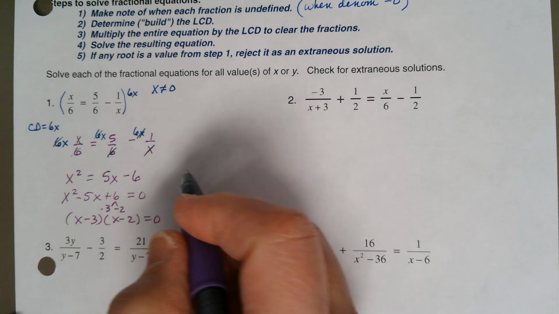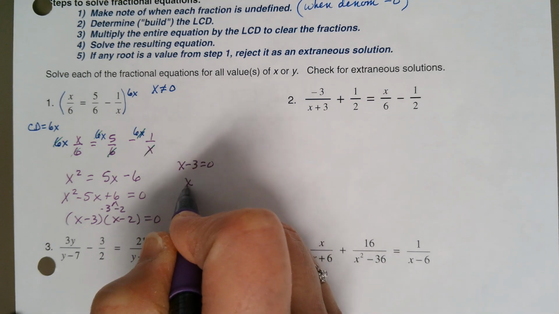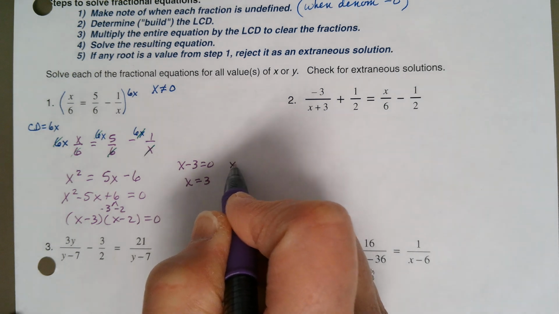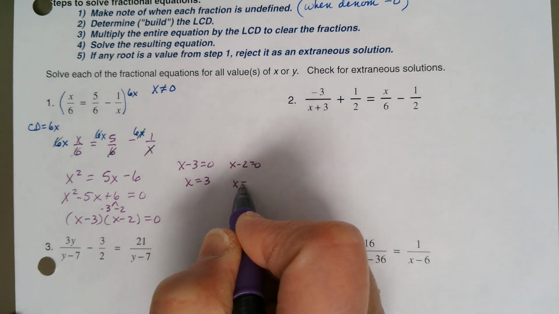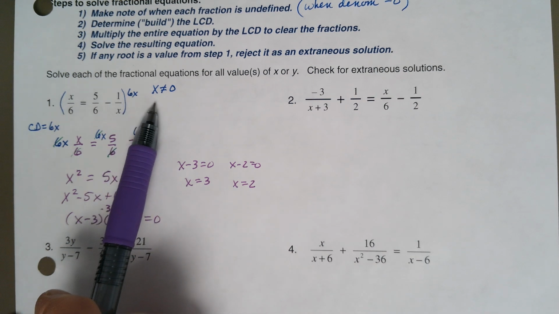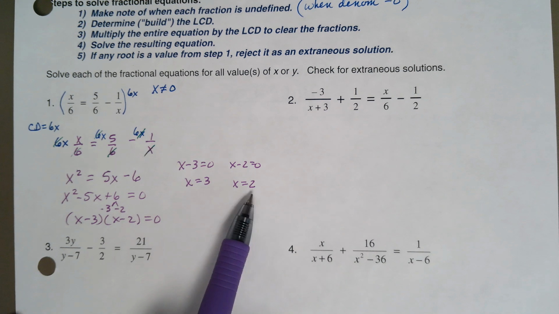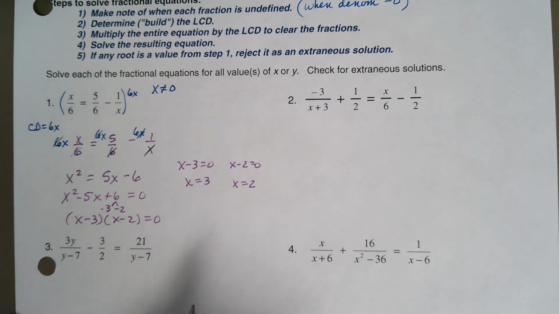And then set each factor equal to 0. So x equals 3, x minus 2 equals 0, x equals 2. We just need to check. Back in step 1, we said that x could not be 0. So x values of 3 and 2 are our solutions.